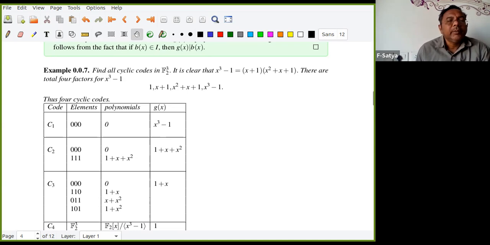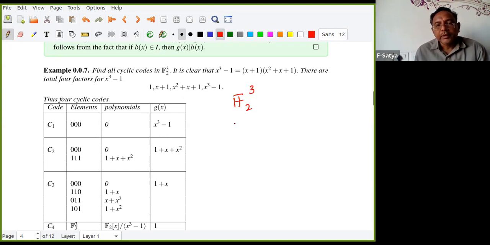Okay. Can you give me one linear code? Let us look at F2^3, so a (3, 2) linear code. Can anyone of you give me one linear code?